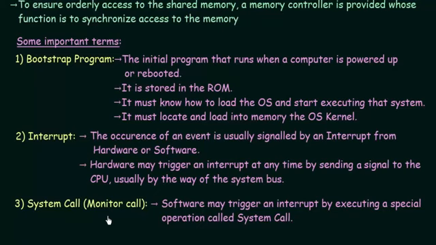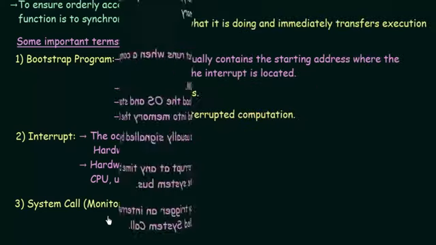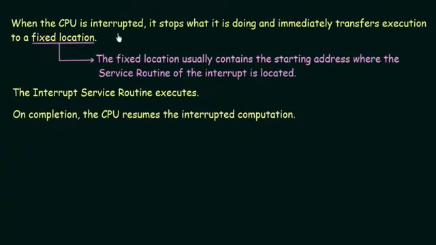Now let us see how the CPU responds when it receives an interrupt. Here it says when the CPU is interrupted, it stops what it is doing and immediately transfers execution to a fixed location. I already told you how an interrupt can arise either from hardware or software.